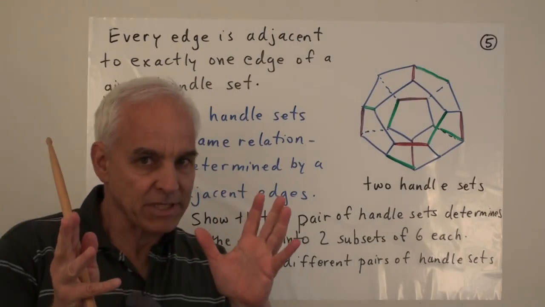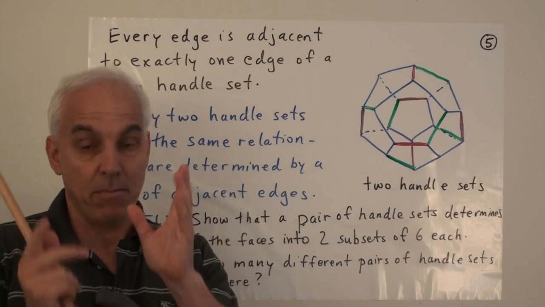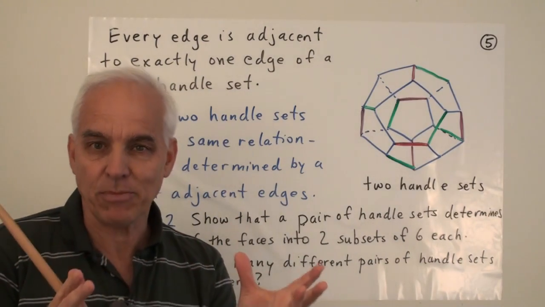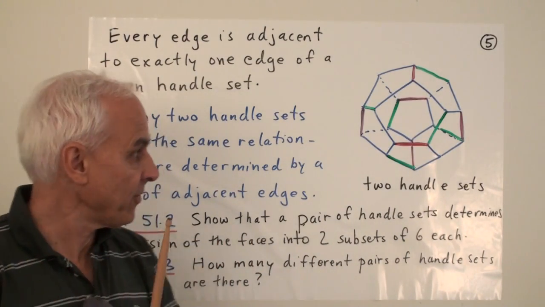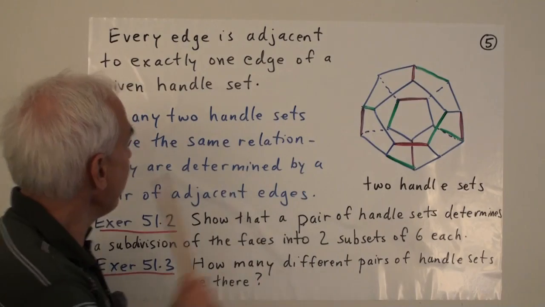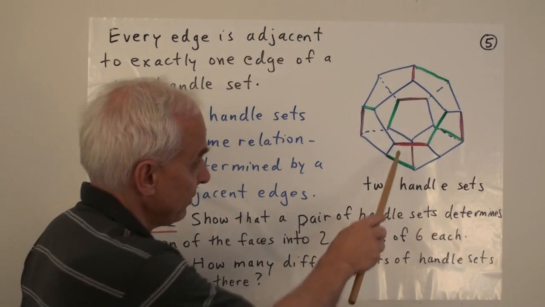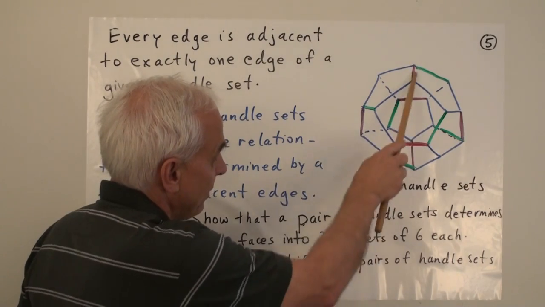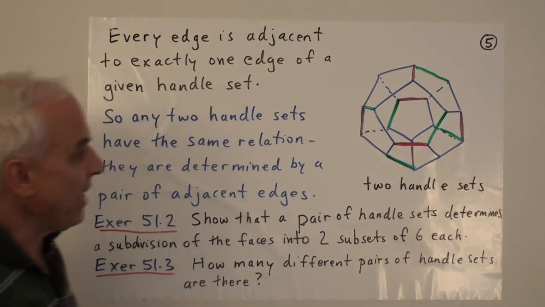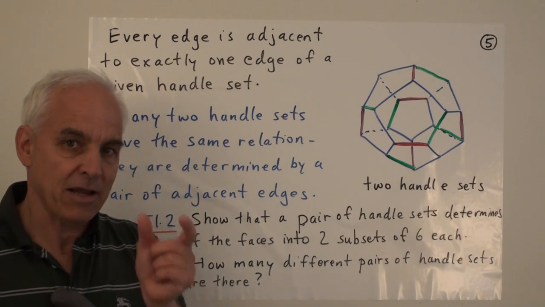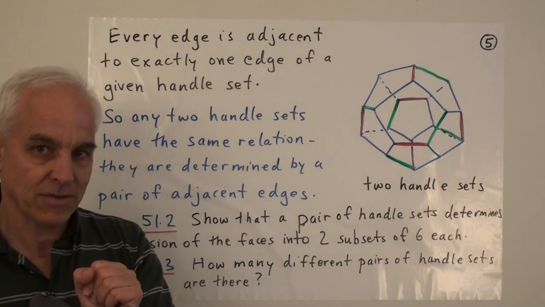Now let's have a look at what happens if we look at not just one handle set, but a pair of handle sets. So we might be interested in what's the relationship between 2 different handle sets. Let's first of all make the observation that if we're looking at a red handle set to begin with, there's the red handle set, that any other edge is adjacent to exactly one of the red edges.